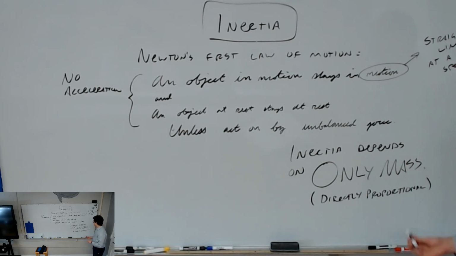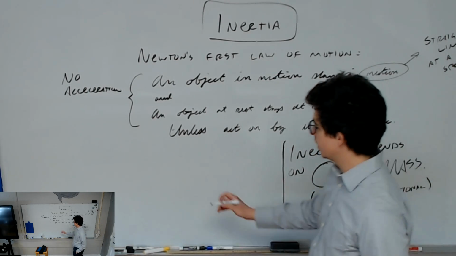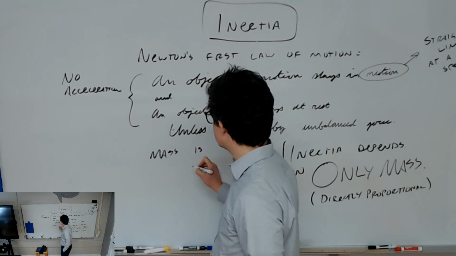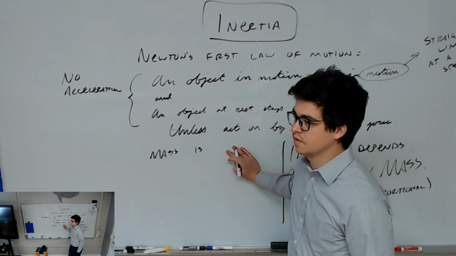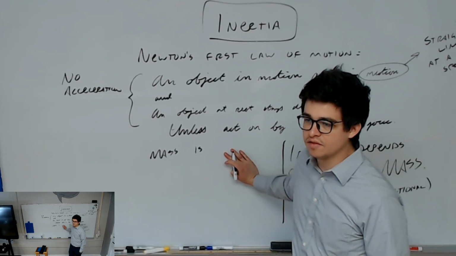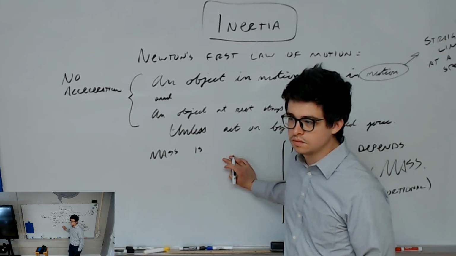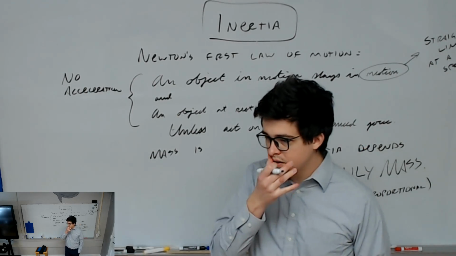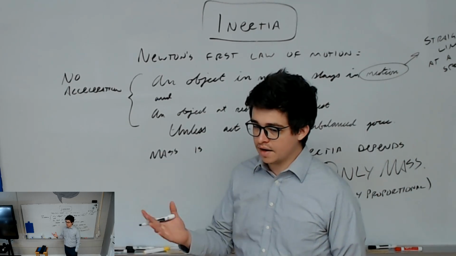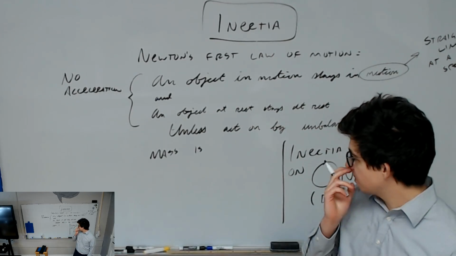So one way that we measure, let's do a stricter definition of mass here real quick. We've talked about this before: what things in the universe have mass? What's the universe made out of? Yeah, all matter has mass, right? The universe is made out of only matter and energy, and of those two, matter has mass.